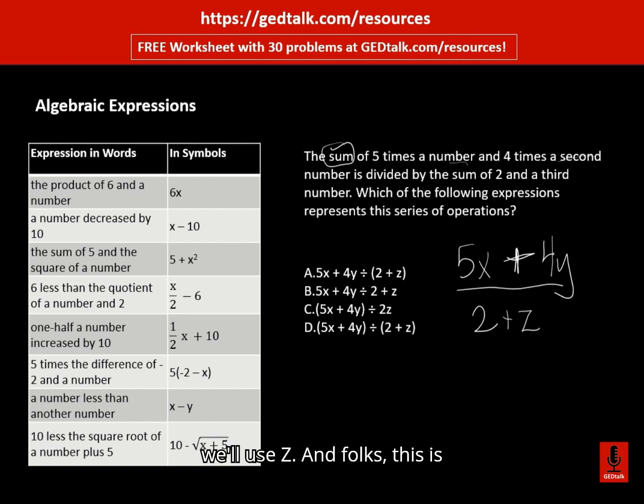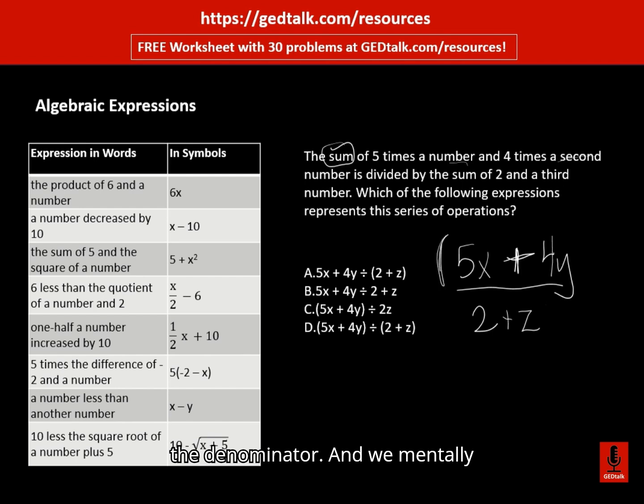And folks, this is just the framework. But when I look at this setup of this equation, and I see all these operations, I know, the way we did with the other problem that didn't give us those parentheses, but we were smart enough to know that, hey, I need to take care of the numerator first before I go down to the denominator.